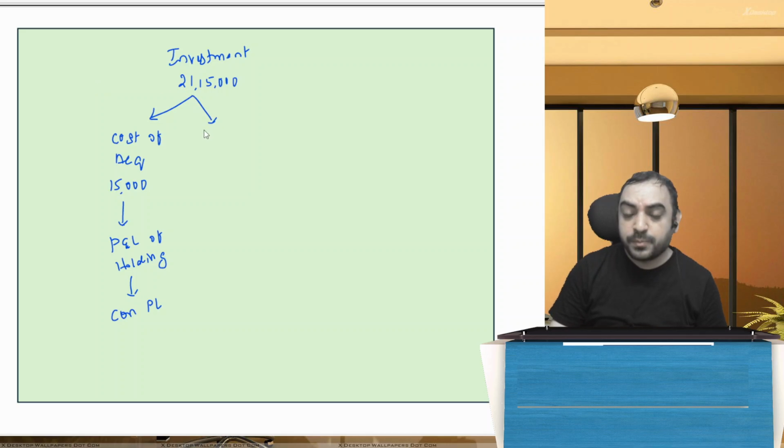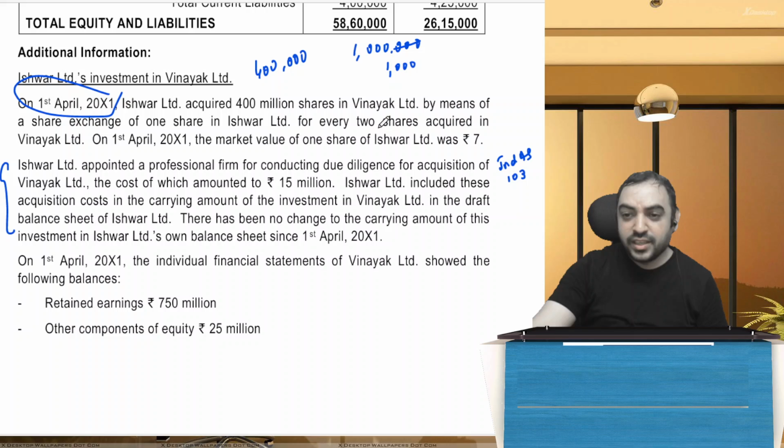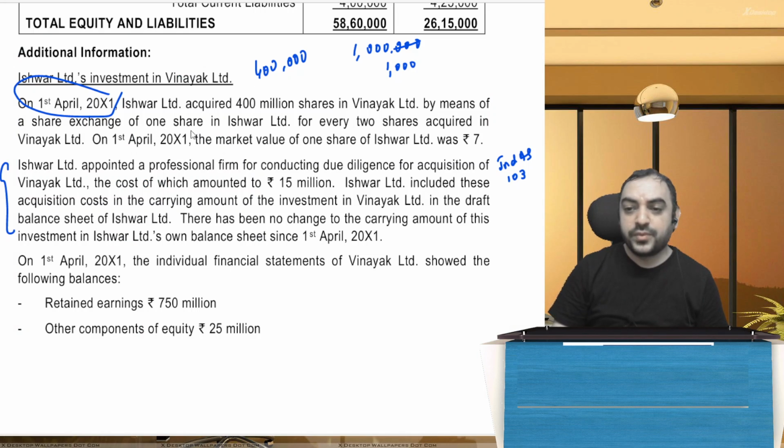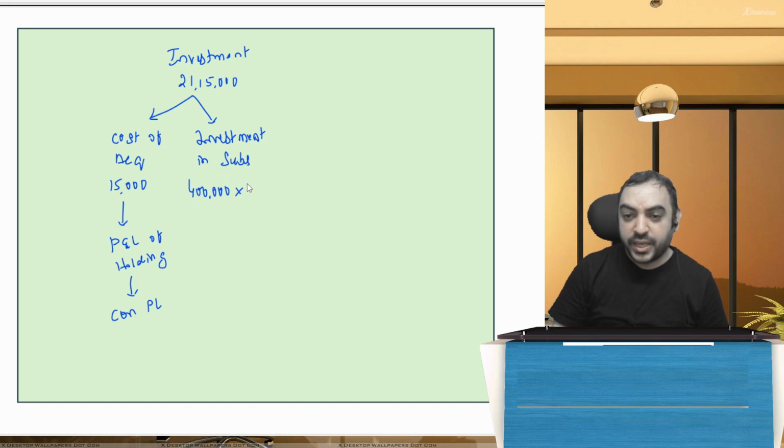Then we have investment in subsidiary. That amount: they have purchased 400 million shares, so I'll make it 1000, 400,000 multiplied by, by means of 1 share for every 2 shares, so into 1 by 2.